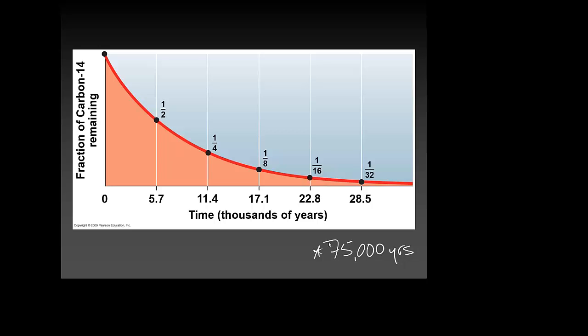Because when you look at this graph, we're looking at a half-life for carbon-14 at just about 6,000 years. So that means that every 6,000 years, roughly, you are losing half of your concentration. So half, half, half.